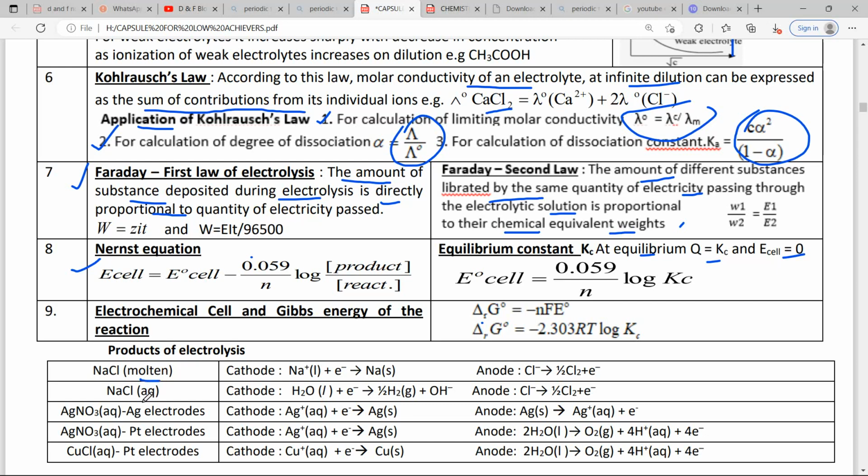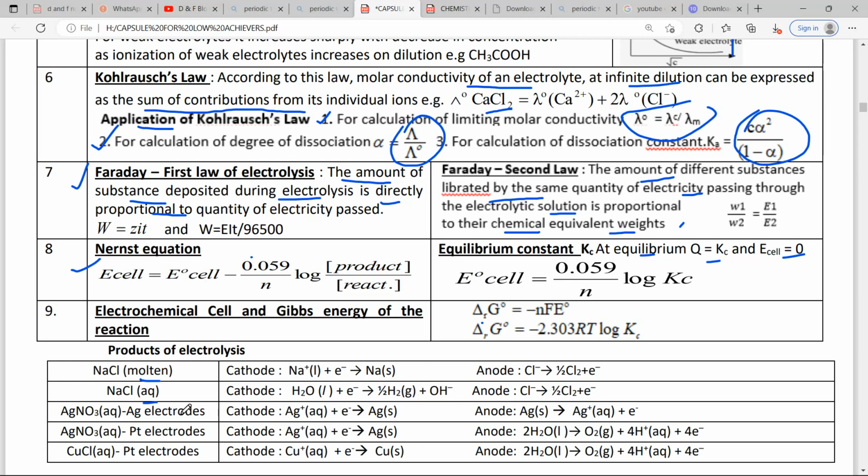Remember, if it is aqueous, what happens at the cathode? OH minus is liberated, and at the anode Cl2 is liberated. But in the case of molten, sodium is liberated. Sodium will move towards the cathode, and at the anode chlorine is there.